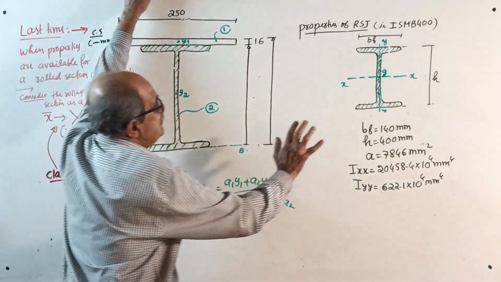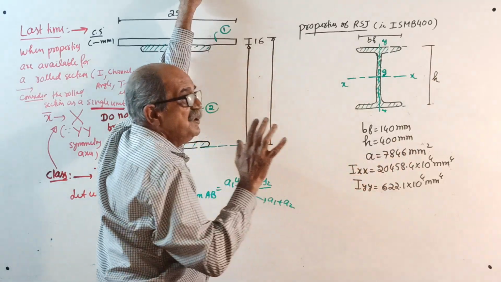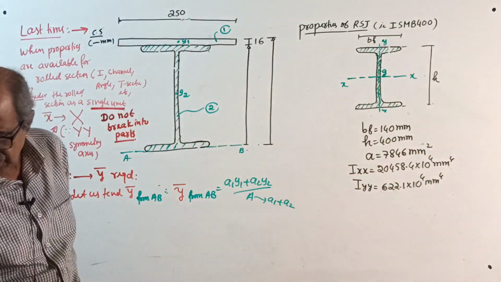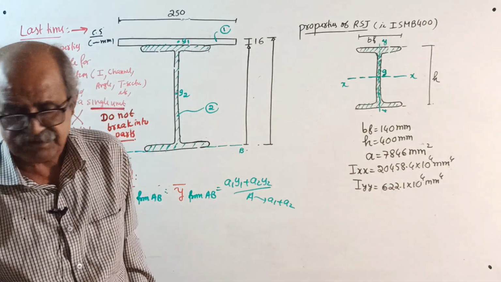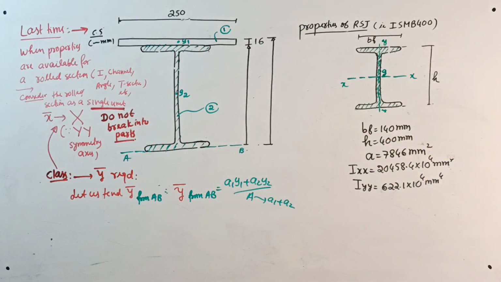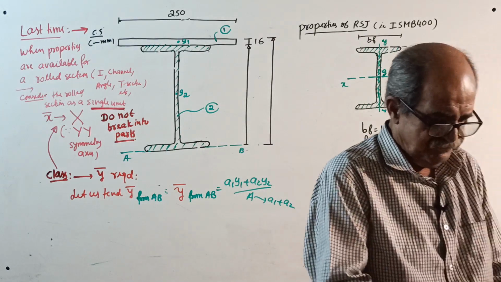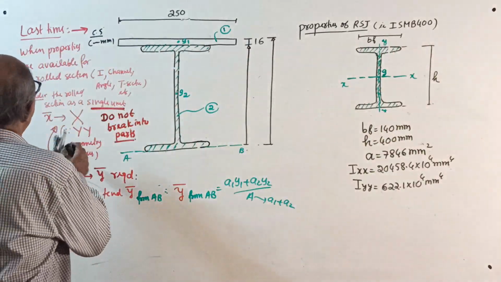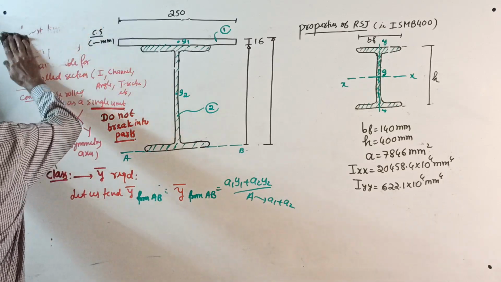You consider the entire I section as a single unit. I will not tell this each and every time from now onwards. I told you last time, that is sufficient. In future, I won't mention this one. Okay, now I will remove this warning.